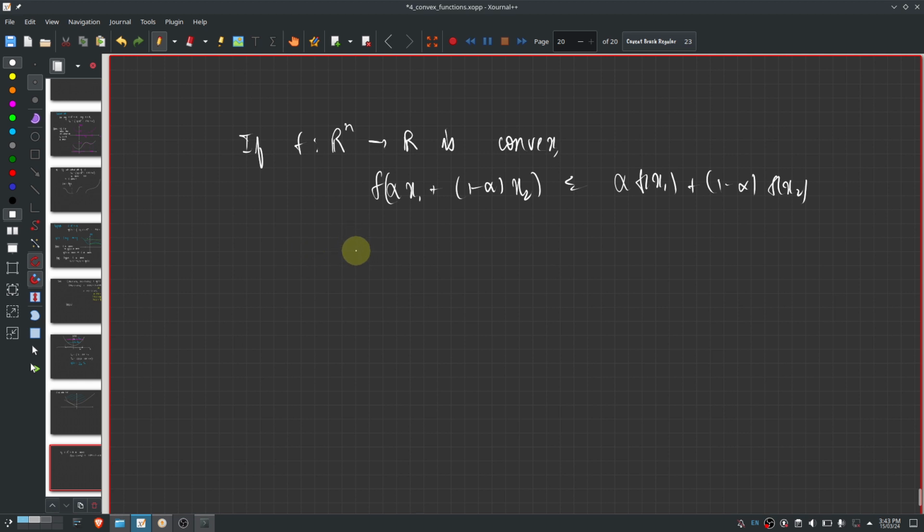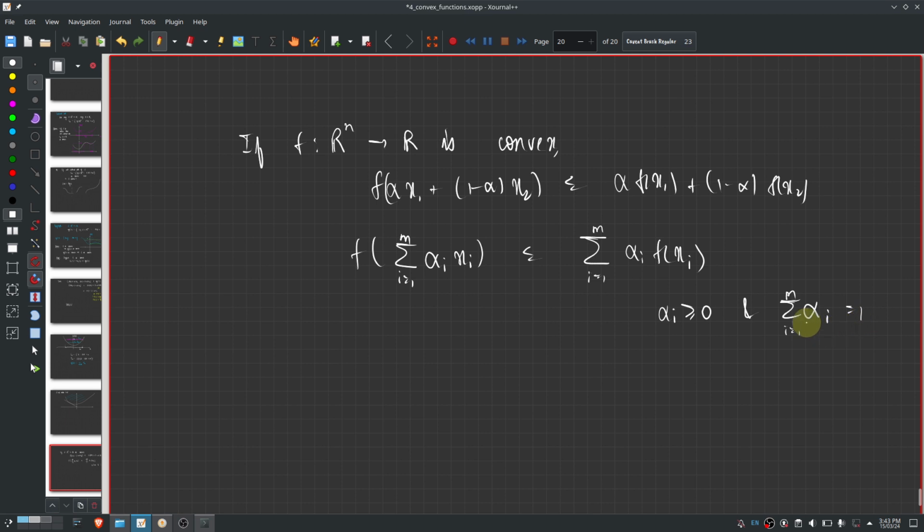Correct. So in general, f of summation i equal to 1 to m alpha i xi should be less than or equal to summation i equal to 1 to m alpha i f of xi, with alpha i greater than or equal to 0, and the summation of the alpha i equal to 1.